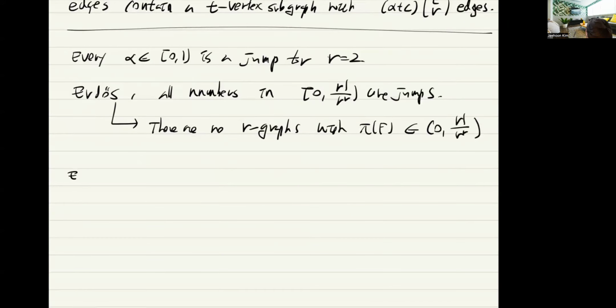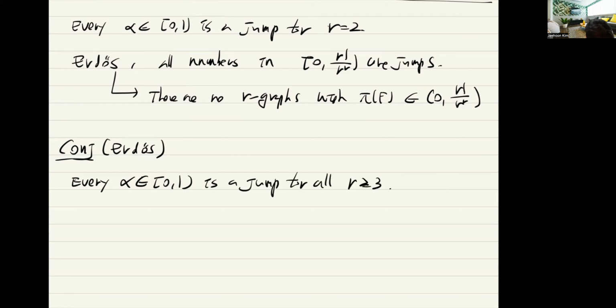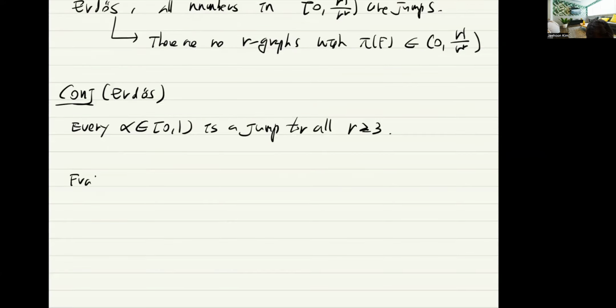And there was a conjecture that every number between 0 and 1 is a jump for all r at least 3, but Frankl and Rödl in 1984 disproved this.